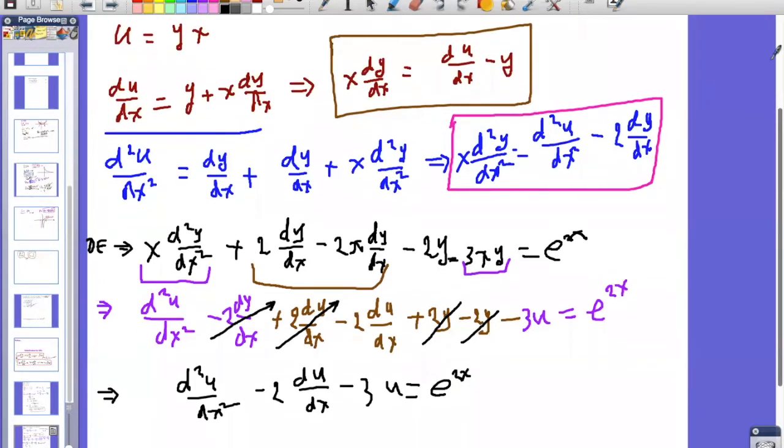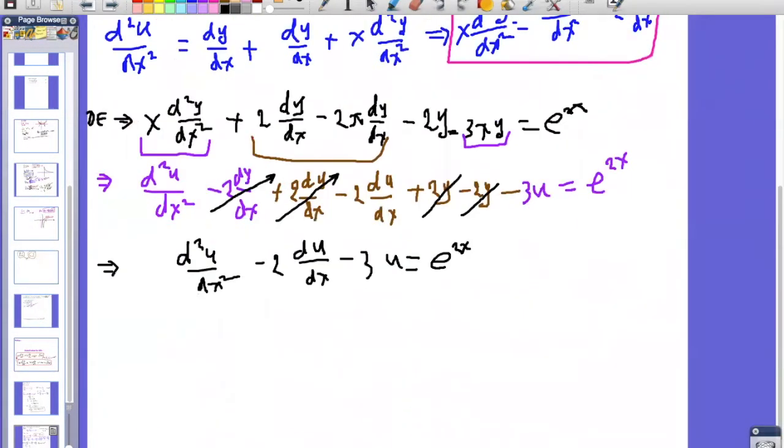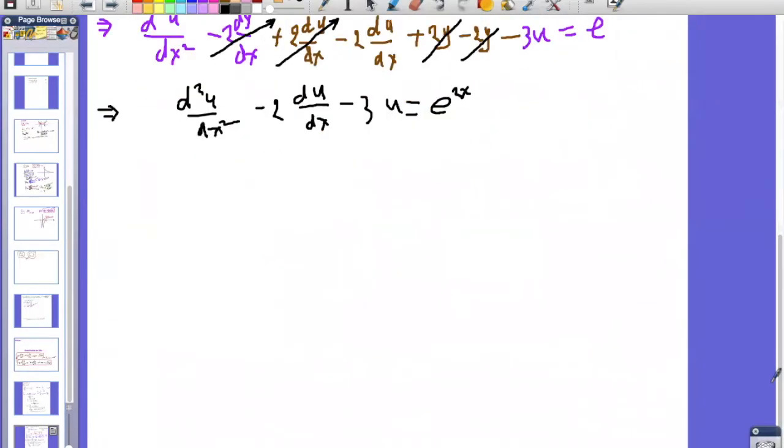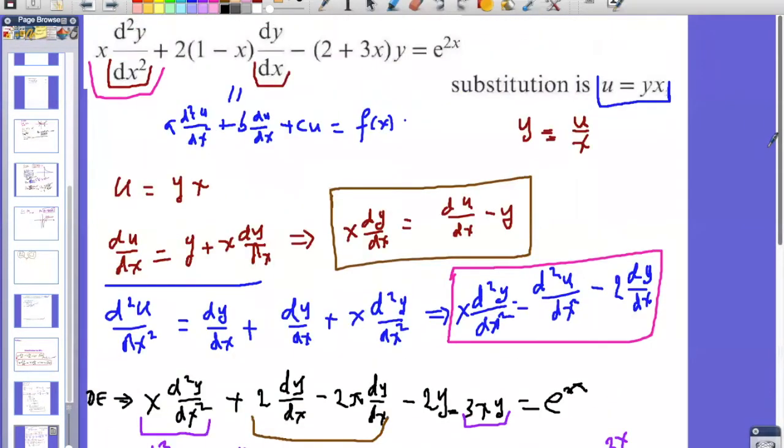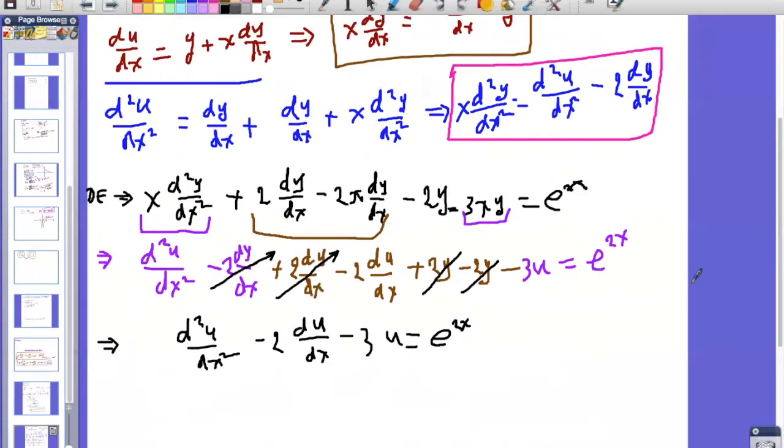Okay, this is the first part of the problem. They will ask you to show that by using this substitution, this differential equation can be written like this.